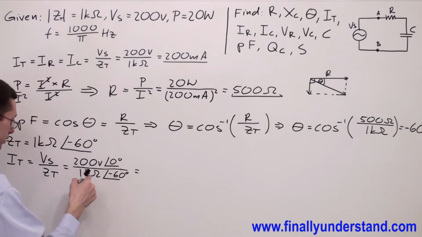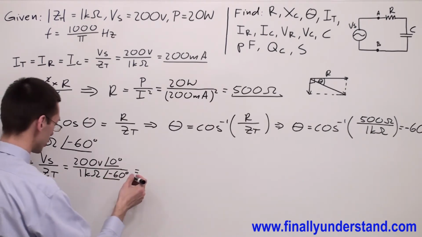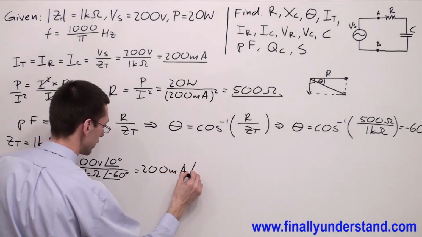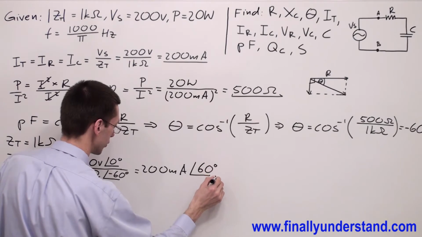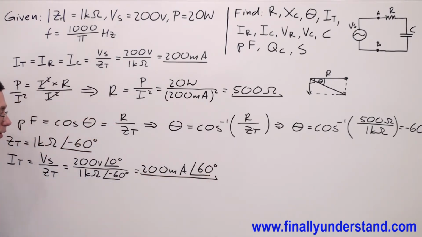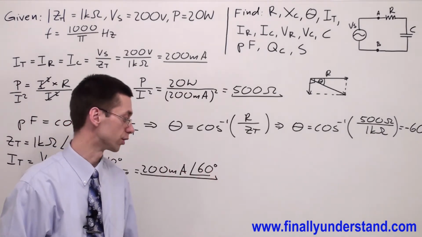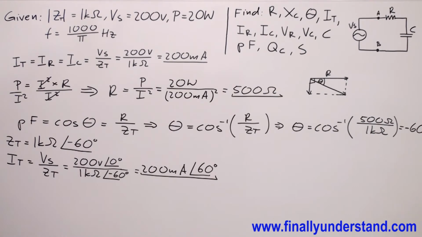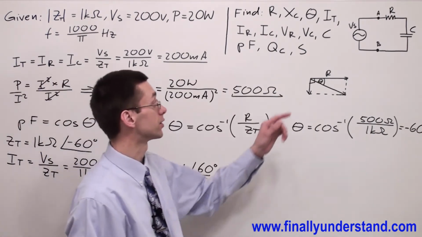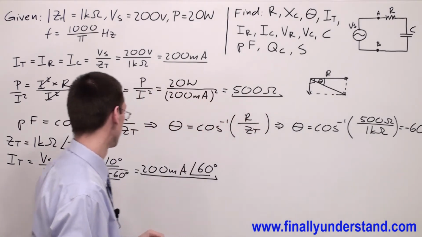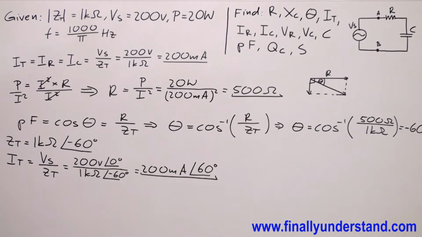If you divide these two values by each other, you are going to end up with 200 milliamps and an angle of 60 degrees. So right now I know that my current has to go with an angle of 60 degrees. And this is true because in a series RC circuit, current is going to lead the voltage source by a certain value, in this case by 60 degrees.